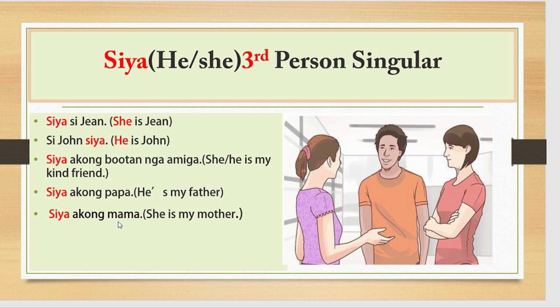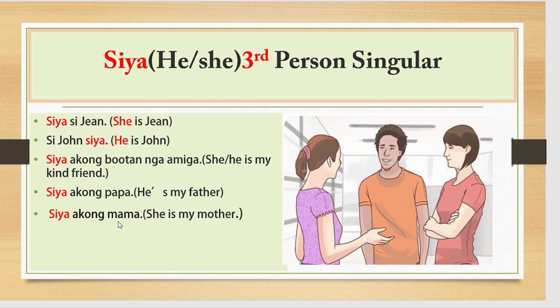Siya, siya. So, third person, siya, si Jane. She is Jane. So, si Jane, siya akong buutan nga amiga. She is my kind friend. Buutan, kind. Friend, amiga.